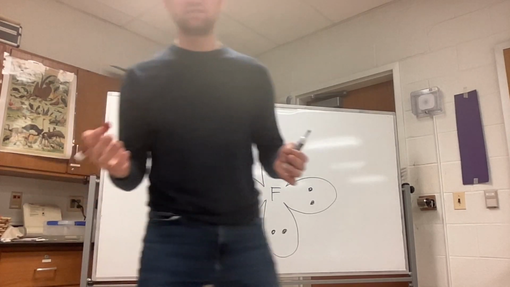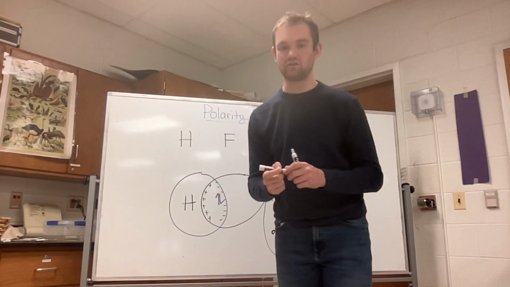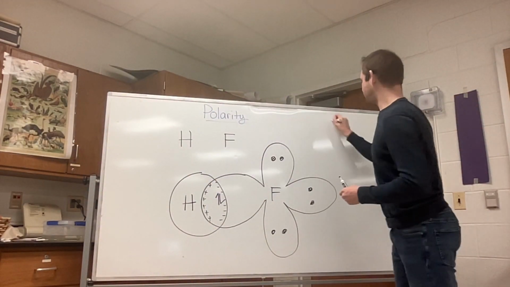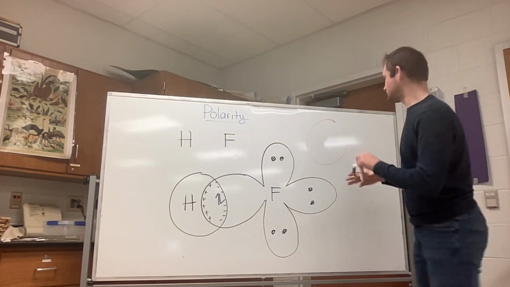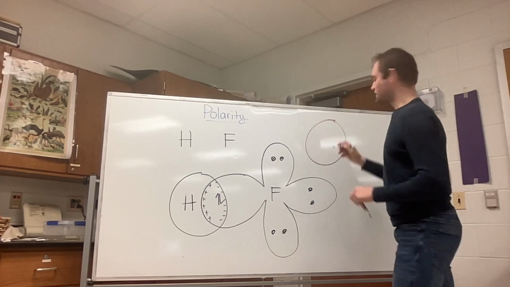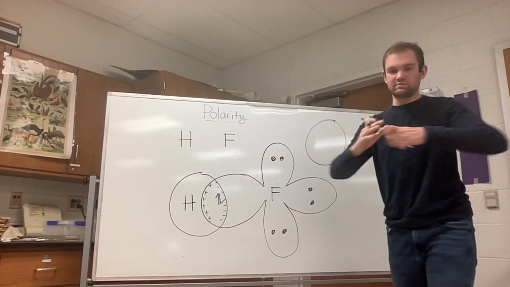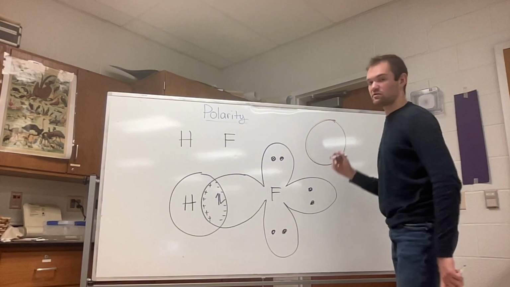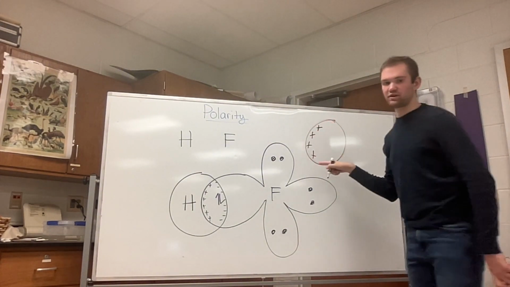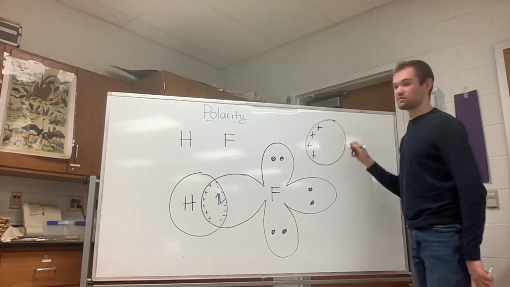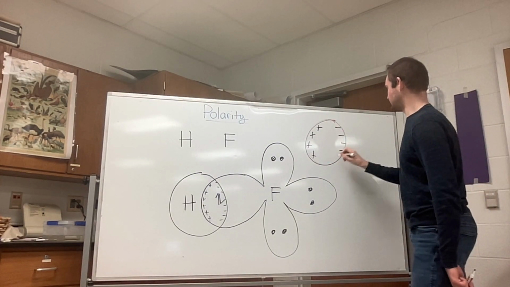So if you think politics, you got 2 sides of the political argument, right? If this circle here is your political argument, then the opinions are going to be divided. And if you're polarized, you're at one extreme, and I'll denote that in positive signs, or you're at the other extreme, negative signs.